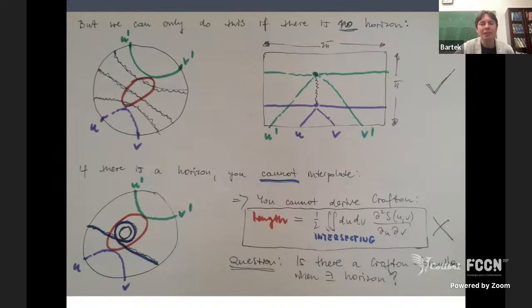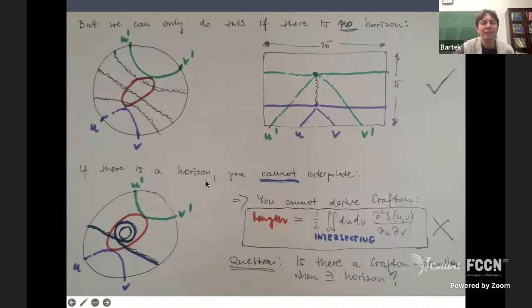But what happens if there is a horizon? If there is a horizon, there is no way to deform the purple geodesic to the green geodesic in this fashion. Because now I encounter these geodesics that wrap around the horizon of a black hole arbitrarily many times. And so that derivation just does not work.